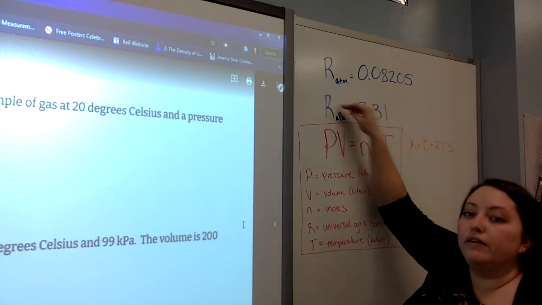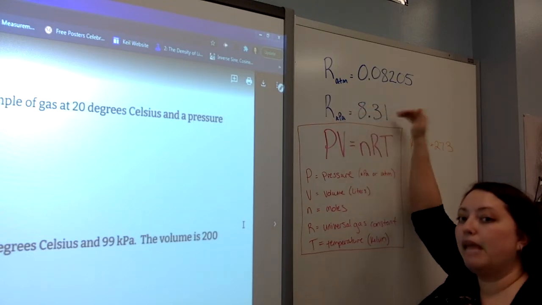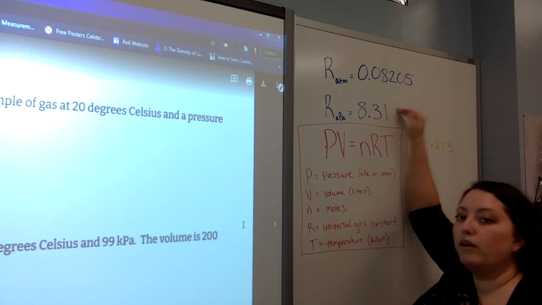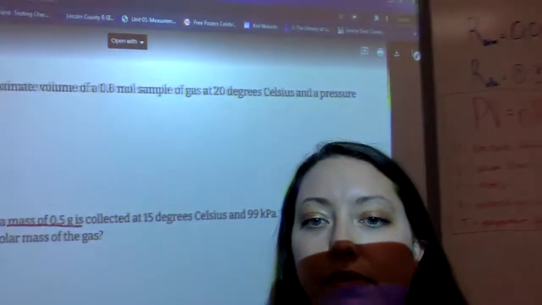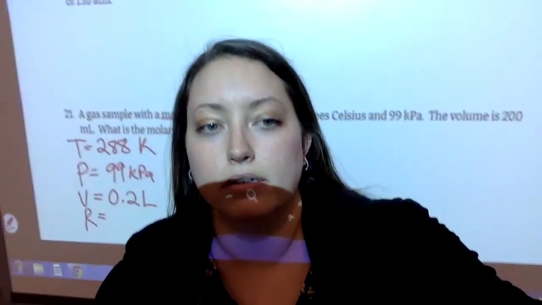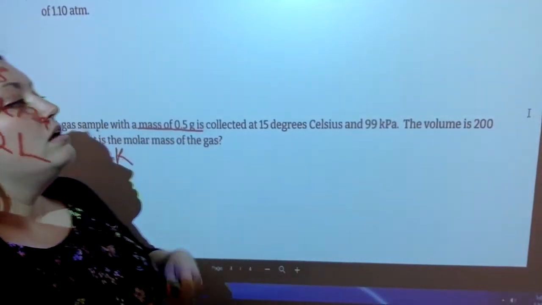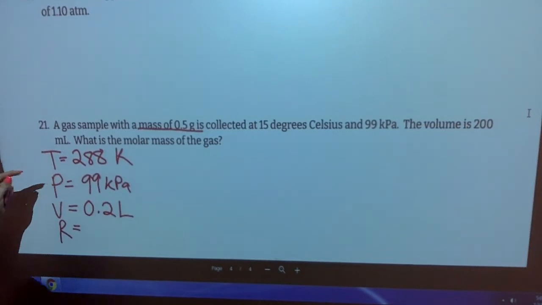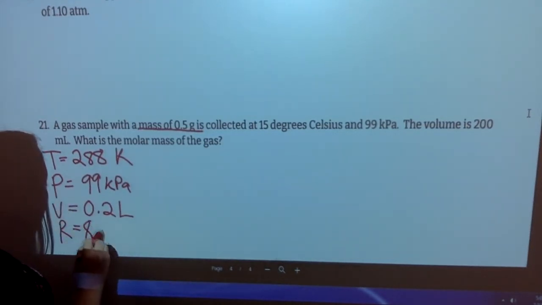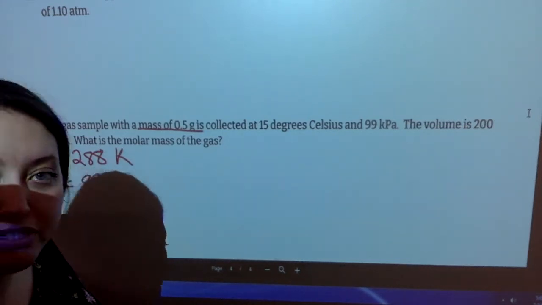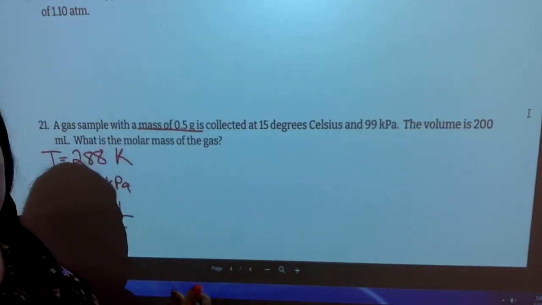If my pressure unit is in kilopascals, it's going to be 8.31. So it's always one of these 2 things, and that comes from the unit we used for pressure. So back on here, since pressure in this problem is in kilopascals, R is going to be 8.31. That's just a constant. So every time it's in kilopascals, that's what you're going to use.